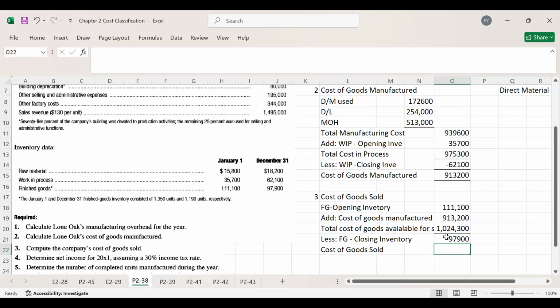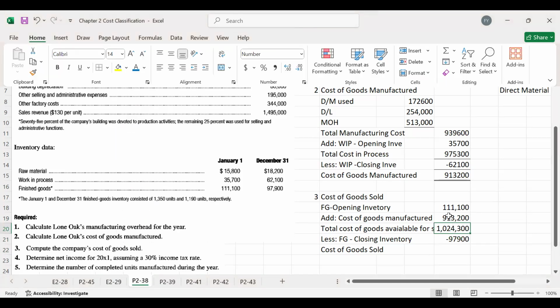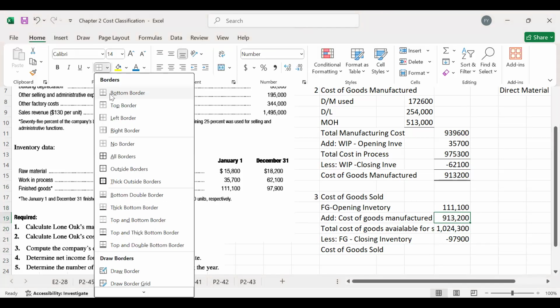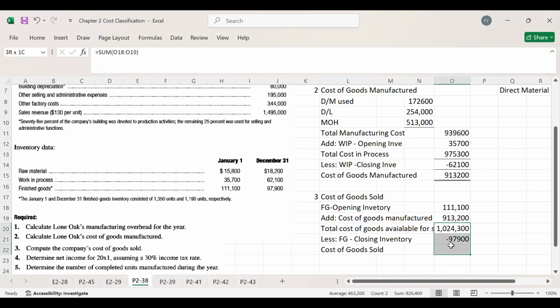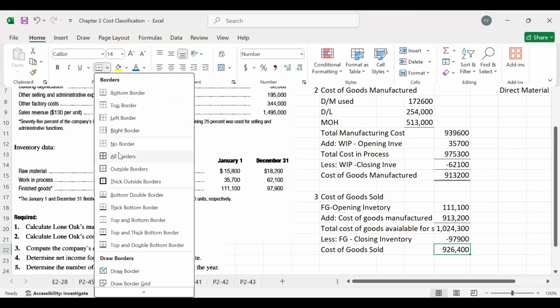So by deducting, the cost of goods sold would be 926,400. So this is our third requirement, 926,400.